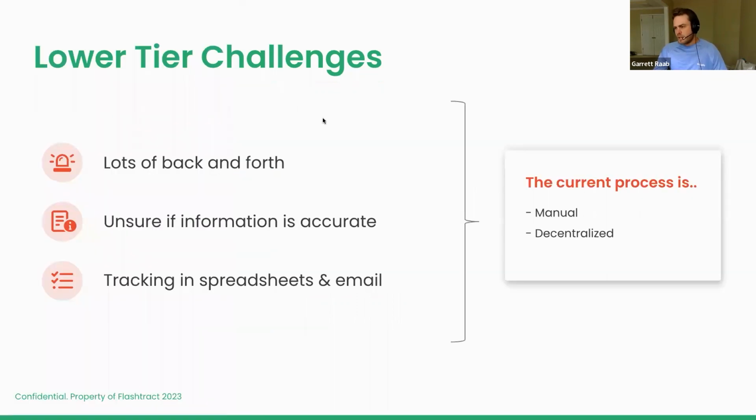When it comes to lower tier challenges, I feel like I'm definitely speaking to the choir here. There are a lot of challenges when it comes to tracking lower tiers. These are only 3 specific bullet points that I have on this deck, but as I've had conversations with a lot of you, it's a very hectic and manual process to, number one, collect waivers and get lower tier information from your subcontractors, because I don't think they see it as a big enough priority to provide it to y'all in a timely manner.